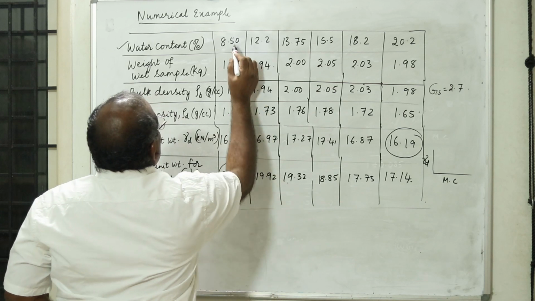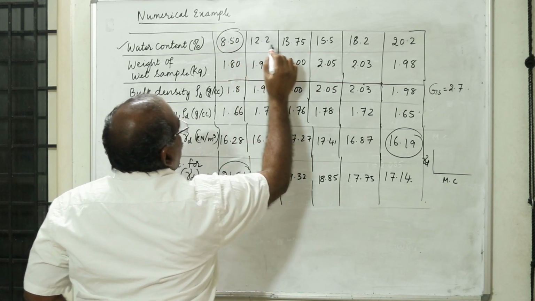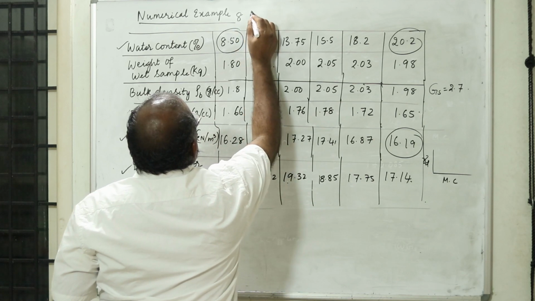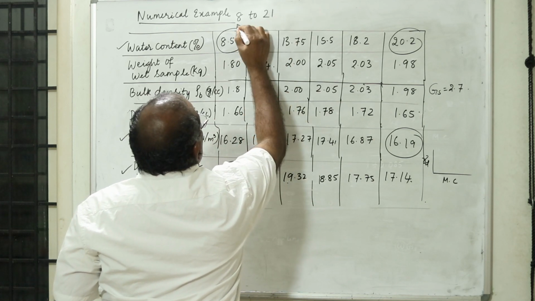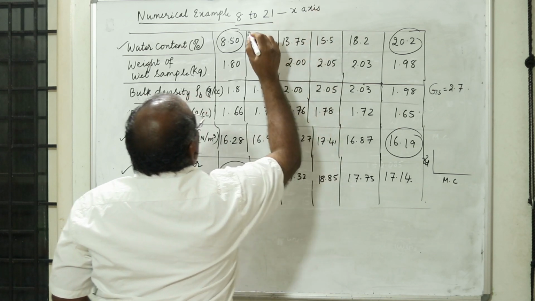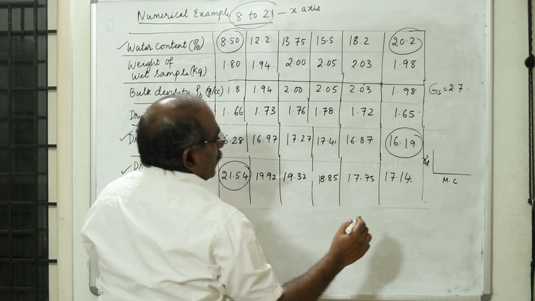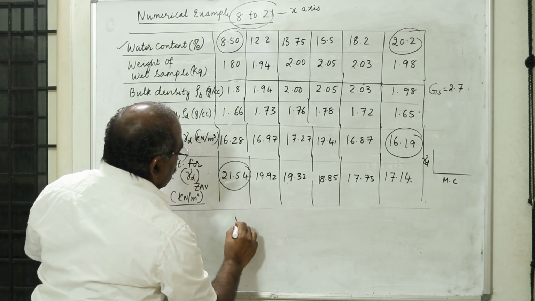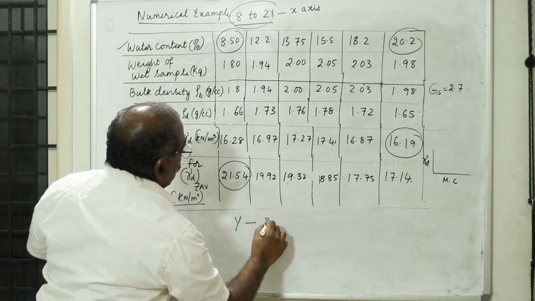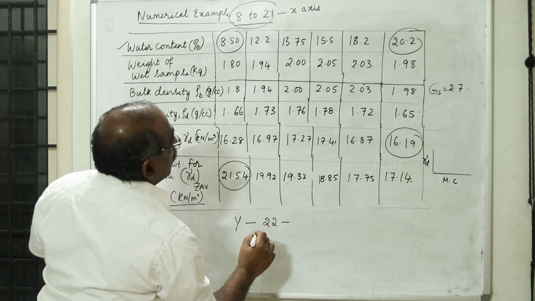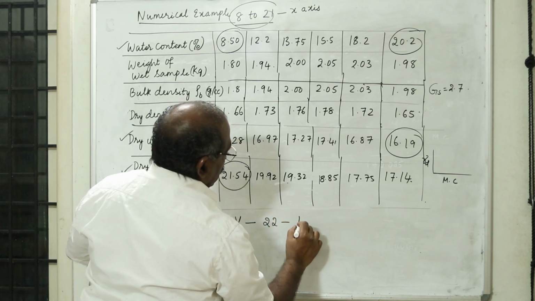Now, on the x-axis, the water content starts somewhere from 8.5 and goes to 20.2. Therefore, I can take 8 to 21 on the x-axis. On the y-axis, I got 21.54. Therefore, I can take 22 as the maximum and a lower value of 16.